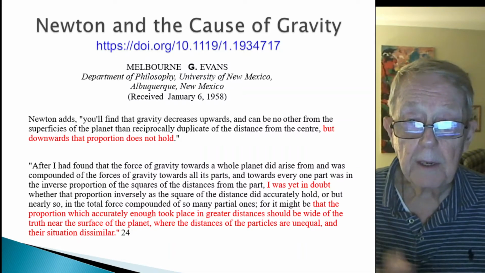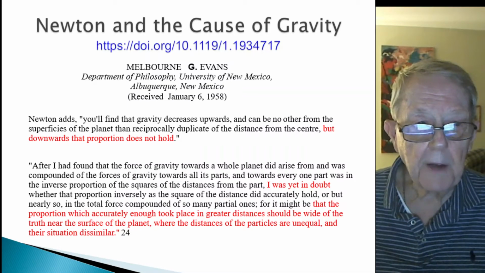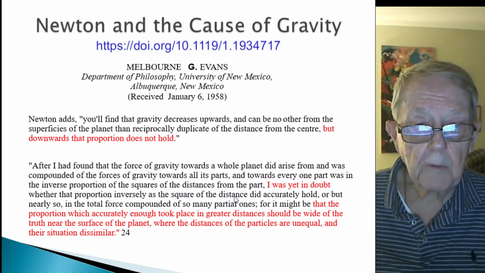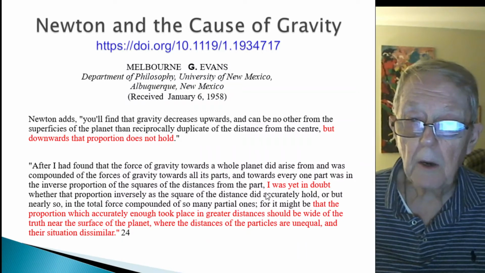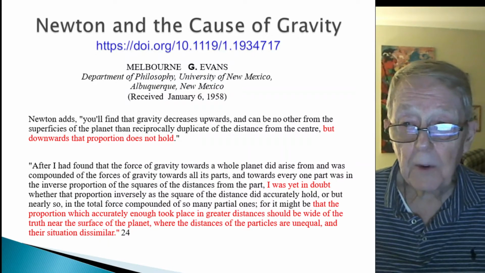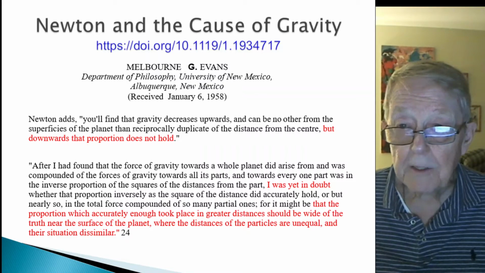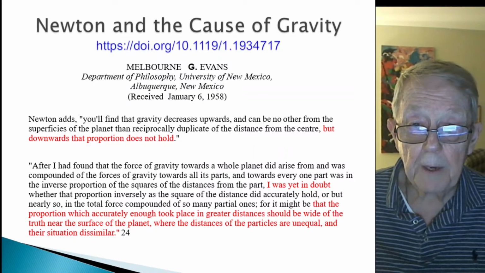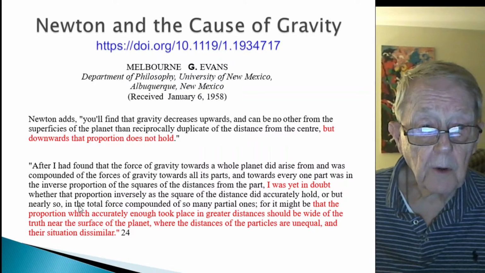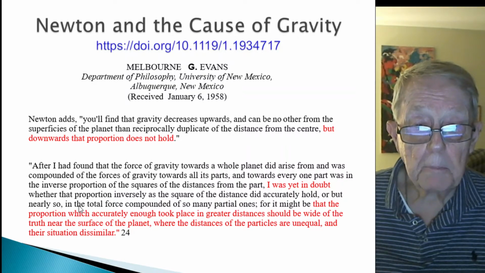But he still had doubt whether that proportion inversely as the square of the distance did accurately hold. He didn't think it was precise, although he had some feeling it might be, or nearly so, in the total force compounded of so many partial ones.